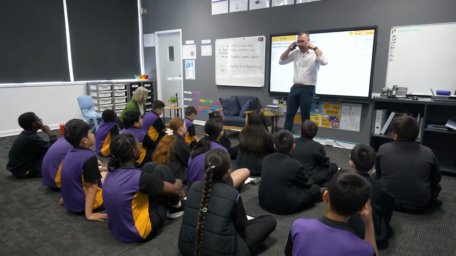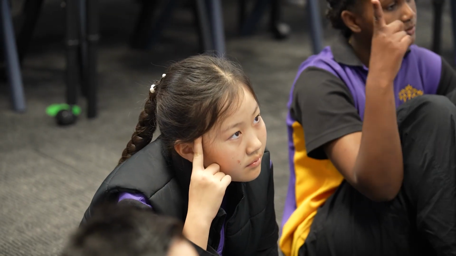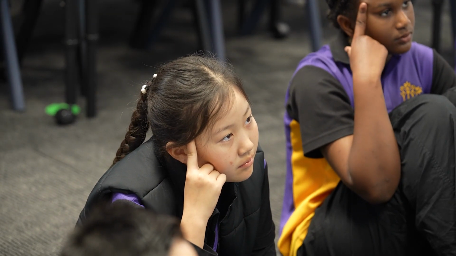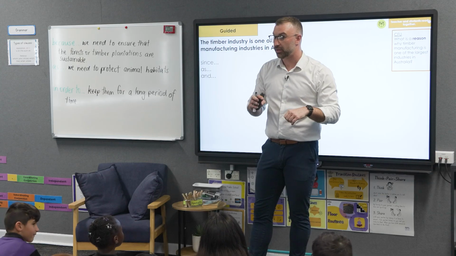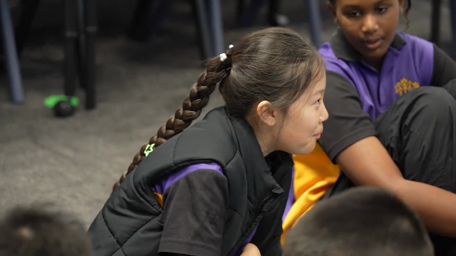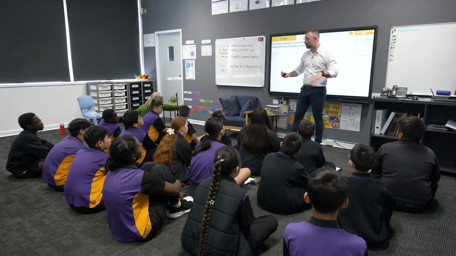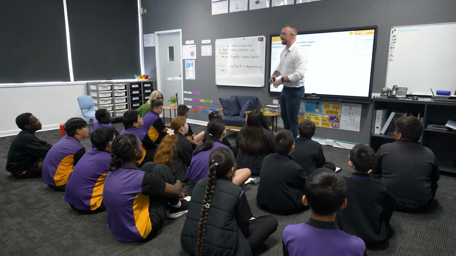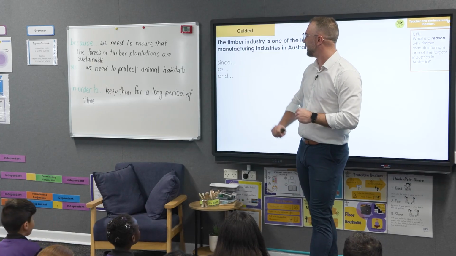Have a think. So the simple, compound, complex. All right. Whispering it to your partner. Go. Turning around in 5, 4, 3, 2, 1. What type of sentence structure is it? Compound. Fantastic.